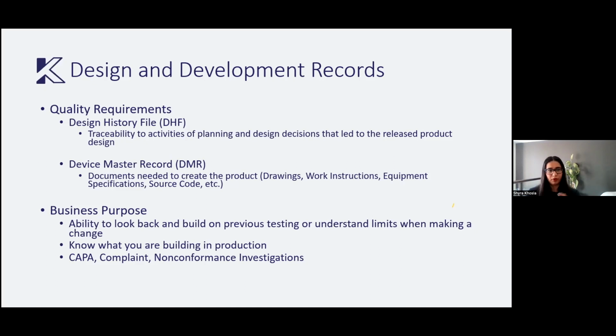So a lot of what we've talked about already, but the DMR is also really key to know what you're building in production. As you're going through your design and development phase and you're creating drawings or writing work instructions for your production systems, those are going to be used in production, and they're going to be used in a way that they're really unchangeable or immutable.